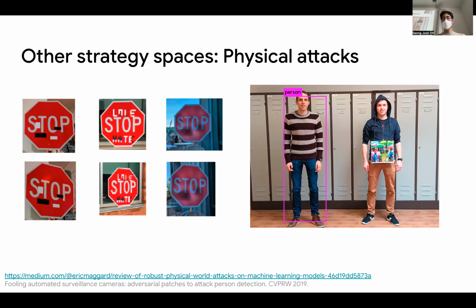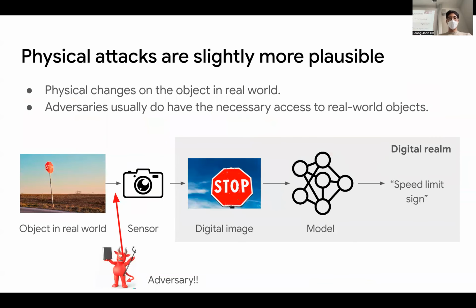And also, some people made a pattern that you can carry around. It's a poster, and the person carrying this sign does not get detected by the YOLO detector. That's probably more realistic, right?